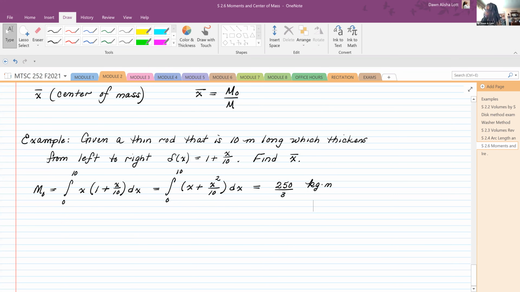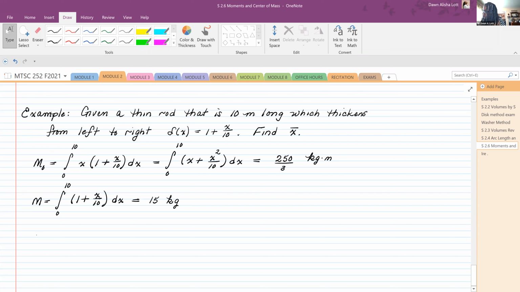Okay, the mass of the wire is the integral from 0 to 10 of just the density, 1 plus x over 10 dx. And that little integral turns out to be 15 kilograms. Okay, so then x bar is going to take m naught and divide by m.